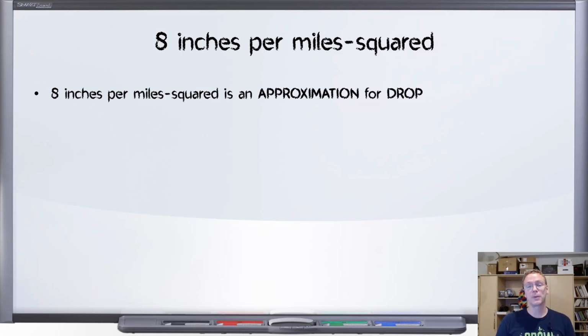It is an approximation, and it is an approximation for the drop rate. So according to the spherical model of the Earth, of course, if you looked along a straight line out away from a level point, the curvature of the Earth drops, and the rate of drop over distance can be approximated as 8 inches per mile squared.